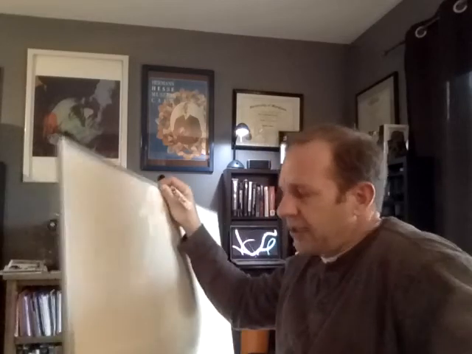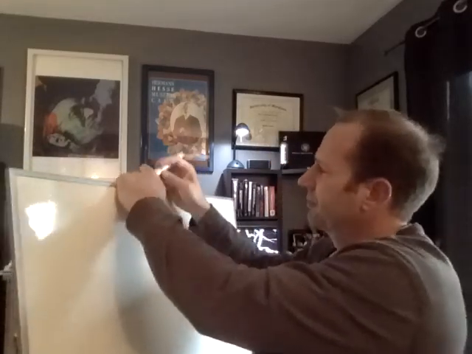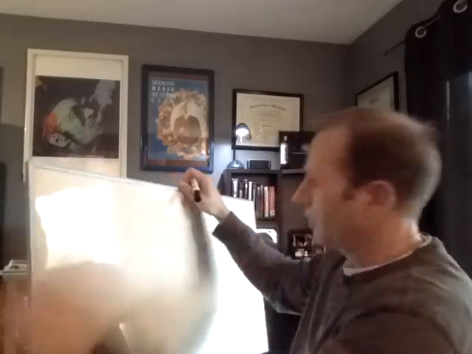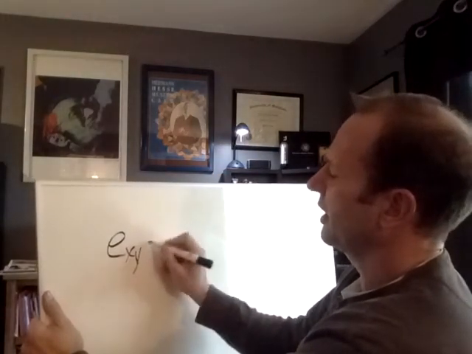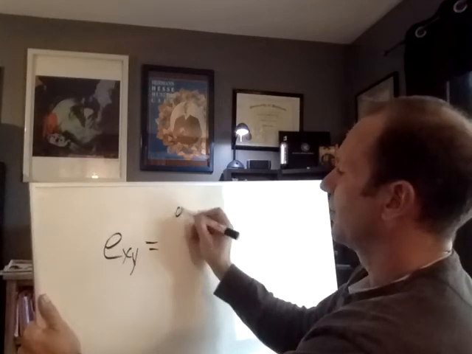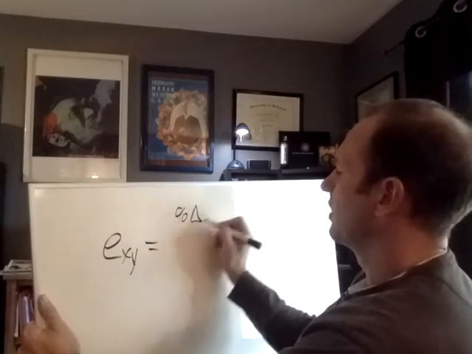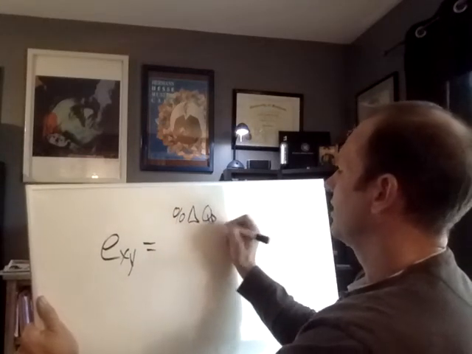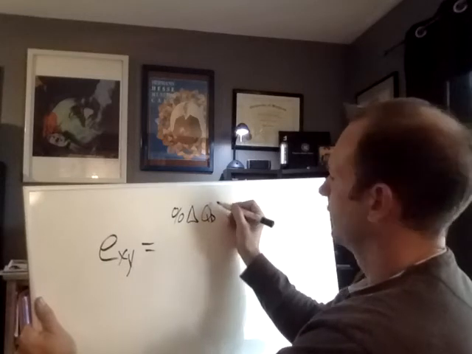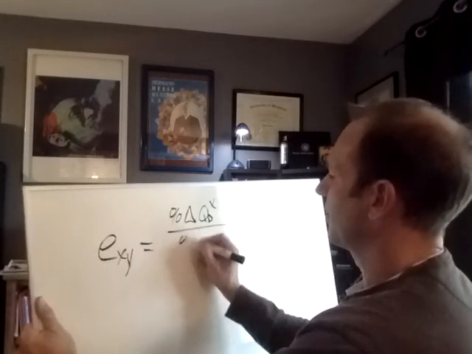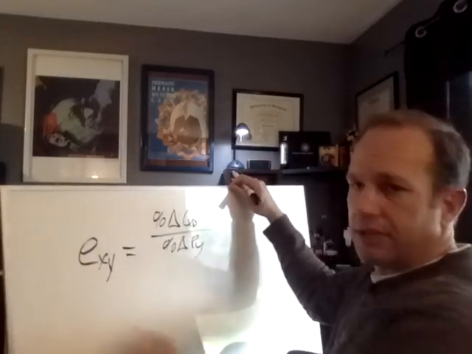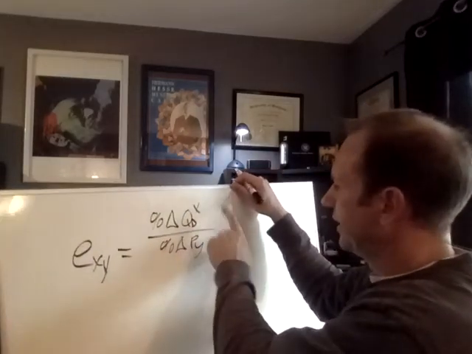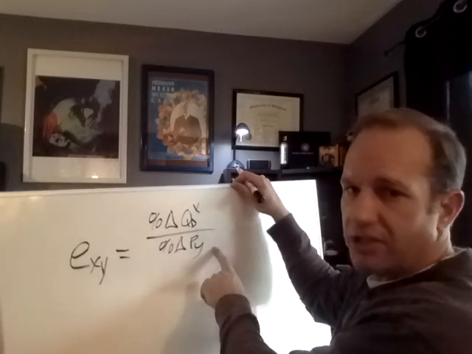So cross-price elasticity. With cross-price elasticity, the elasticity between goods X and Y is equal to the percent change in the quantity demanded of, let's say, good X, given some percent change in the price of Y. Like, how does the other thing react to the price change of this thing?